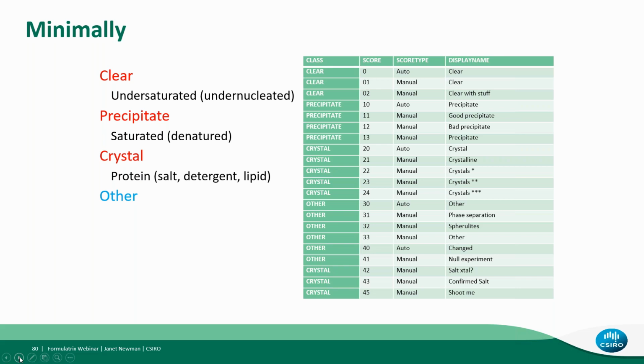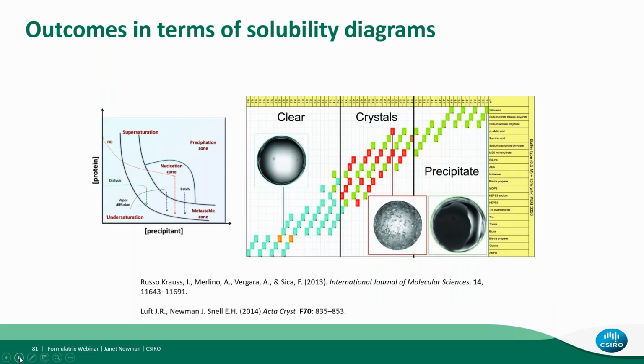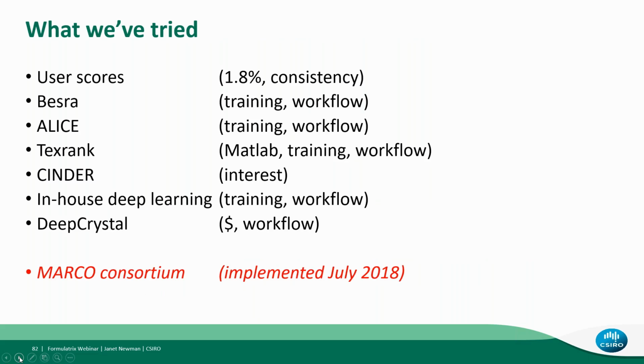Precipitated means that you've got at least a saturated solution, or you might have a denatured solution, and a crystal, of course, is what we want. Other is the bin where we put everything which we don't quite understand how to classify into those first 3 categories. And that's just what I said, that, if you have just those 3 categories of clear, precipitated, and crystal, then you can more or less map out a phase diagram.